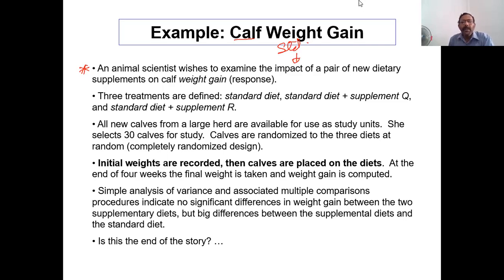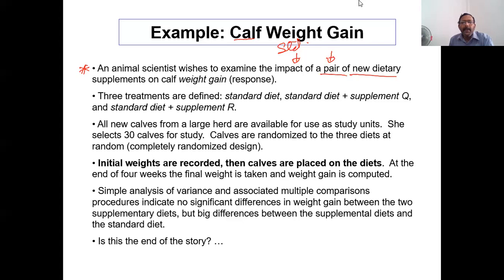Now, in the future, they are planning to introduce 2 new diets, because we want to evaluate whether these 2 new diets are better than the standard diet. A pair of new diets means two new diets they are planning to implement.